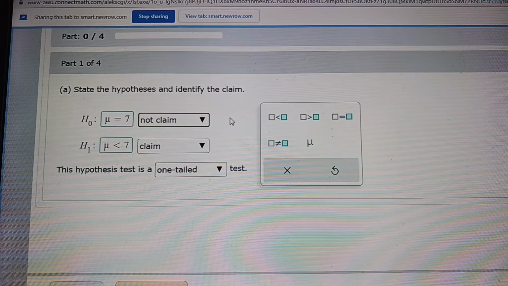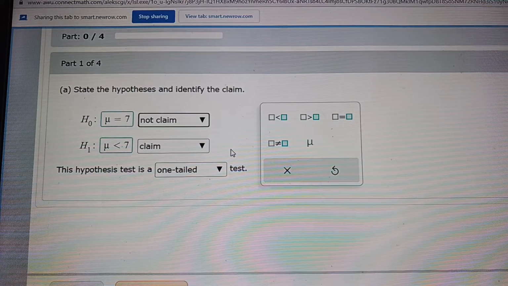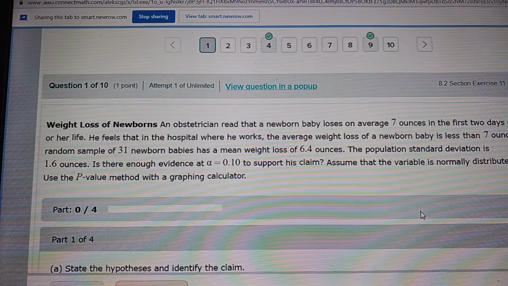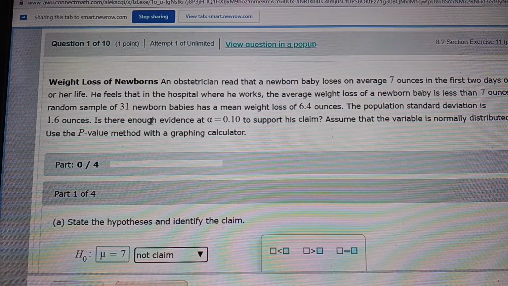If you go R, S alphabetically, since the claim's in the alternative, we're going to try to support it at the very end, regardless of how the calculation turns out. So he feels it's less than 7. A random sample of 31 babies, there's n, has a mean weight loss of 6.4.